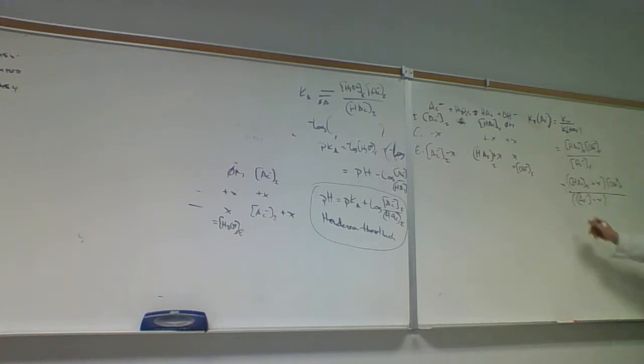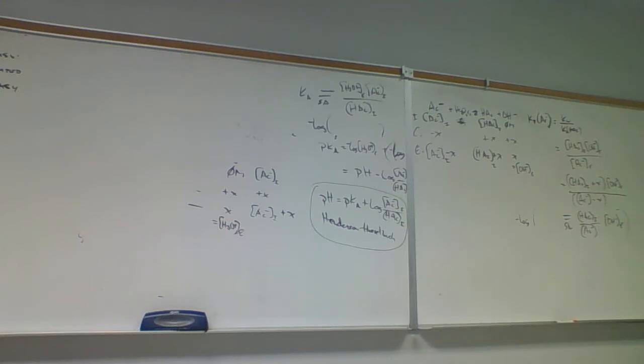And then we do the same thing. We do the simplifying assumption, which gives us HAC initial over AC minus initial times the hydroxide ion concentration at the end. And then we take the negative log of both sides. The negative log of the Kb is called the pKb, plus the negative log of the HAC over AC minus, plus the negative log of the hydroxide.